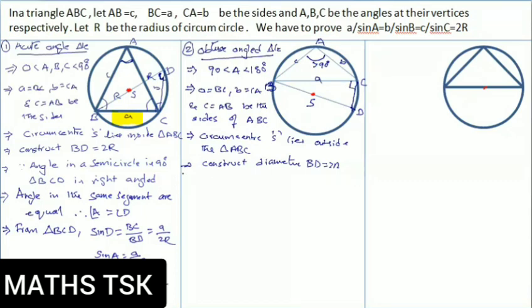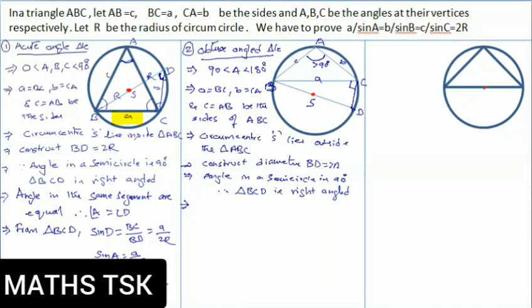Next point, as in the acute case, angle in a semicircle is 90 degrees. Therefore the triangle BCD is right angled at C. Now if you look into the diagram clearly, angles in the same segment are equal.